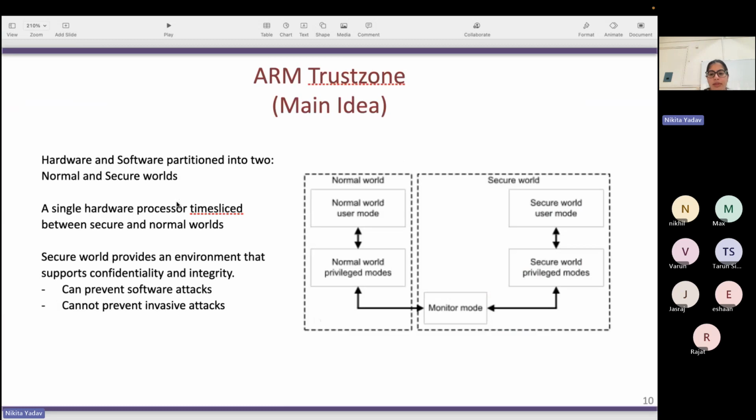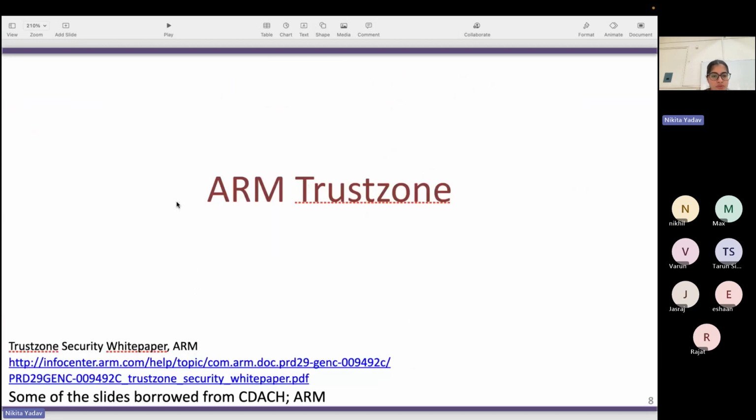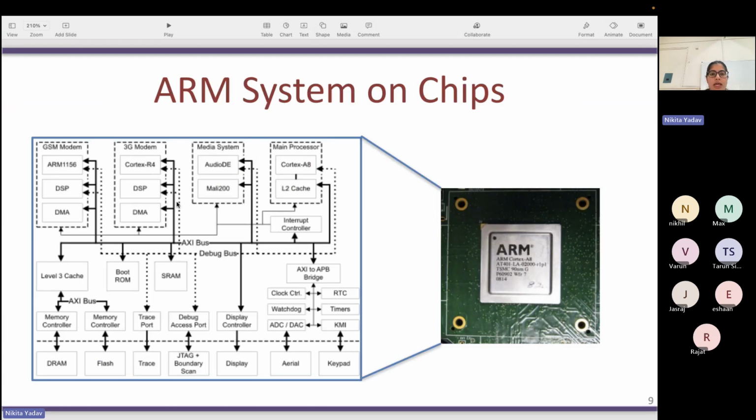So now coming to ARM TrustZone. ARM TrustZone is the trusted hardware from ARM. Let's talk about this ARM system on chip. This means that different components are all fabricated on the same chip.